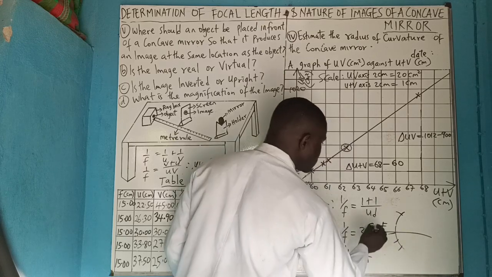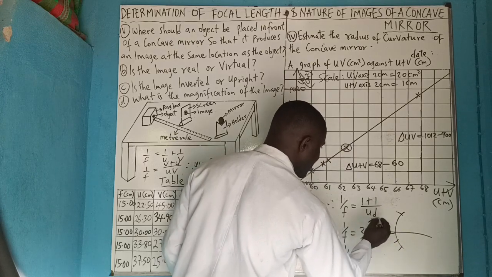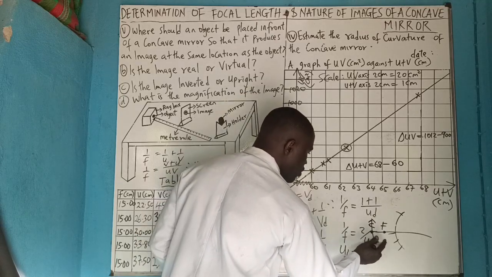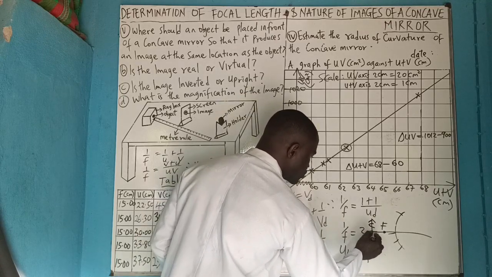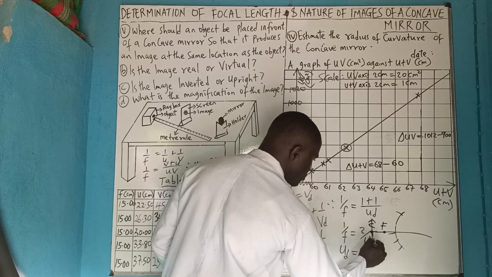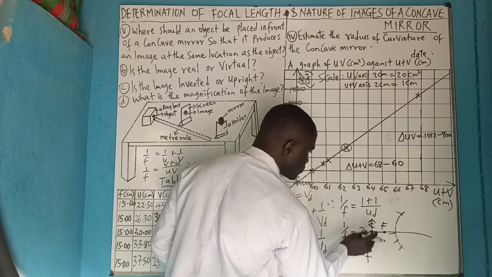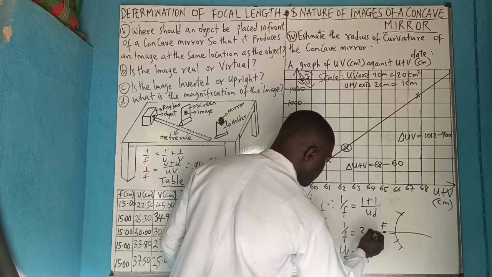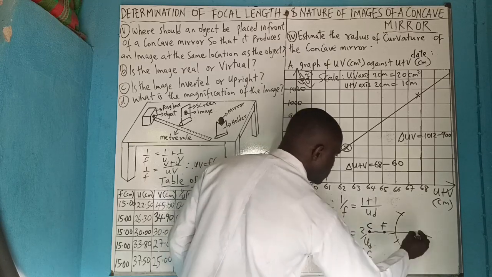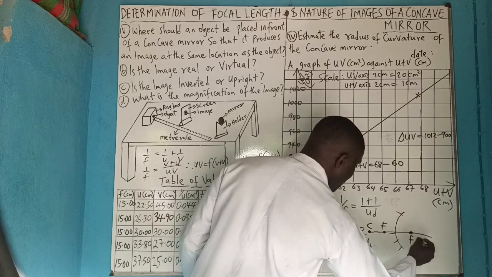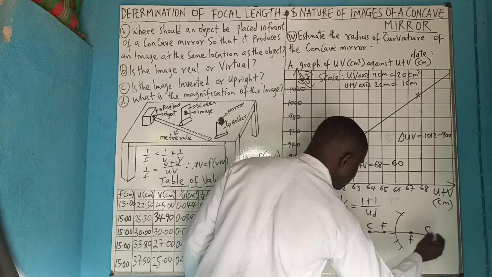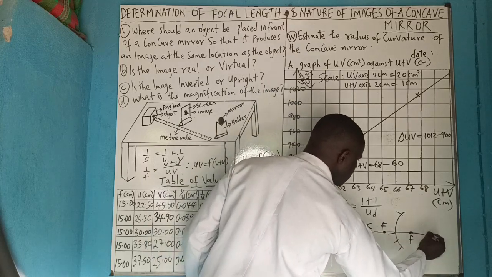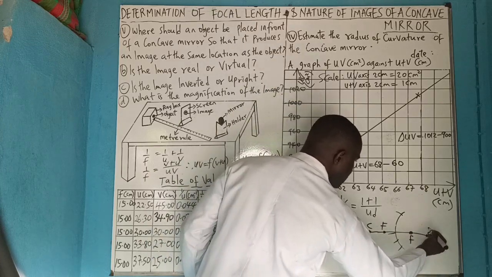So once an object is located here, that is the center of curvature, it means that the image will also be located at that center of what? Curvature. This is your F, this is your C. Now look at the object.